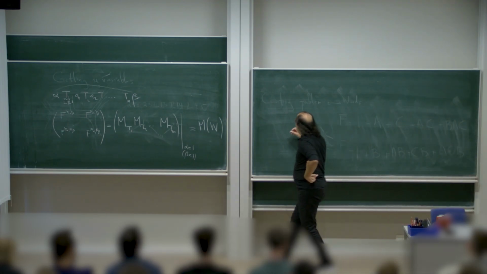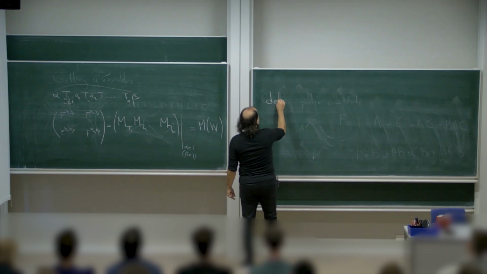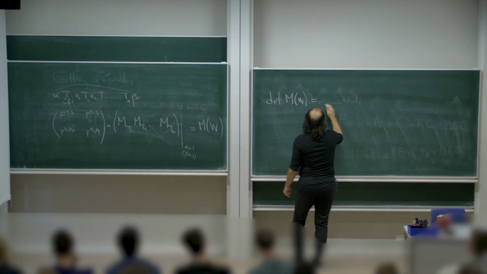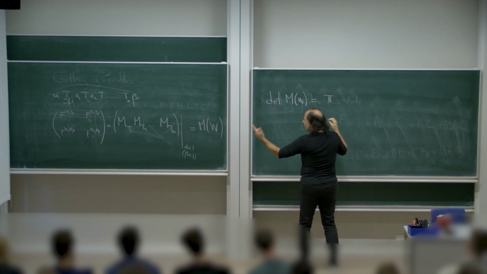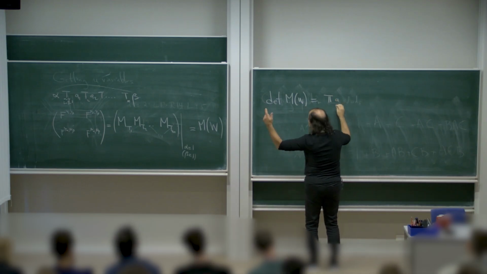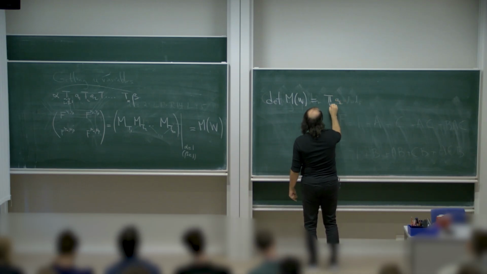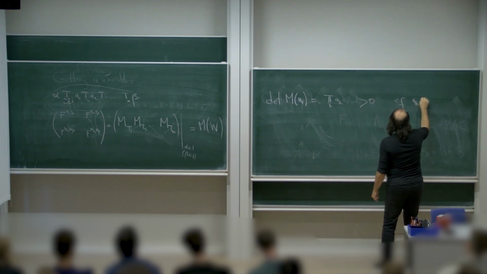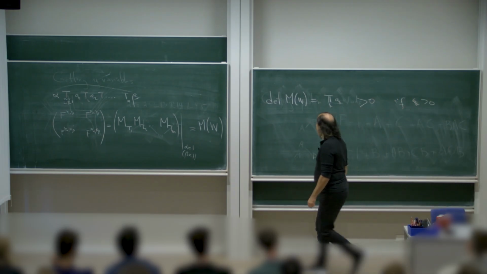The determinant of this matrix associated with the word W is just the product over all what I call the little a's, all the a_k, and this is positive if the a_k are positive, which we'll be assuming.